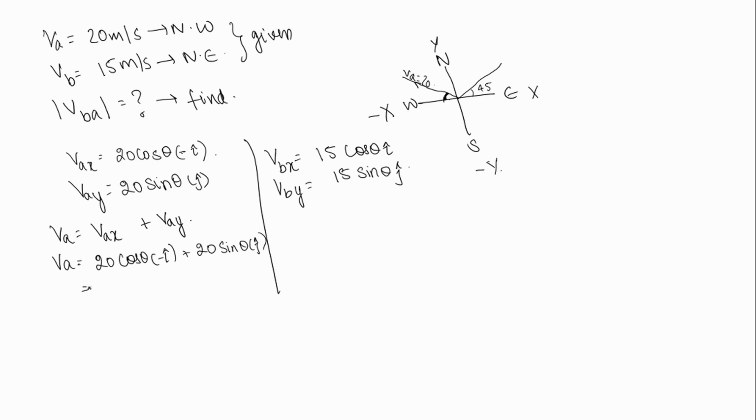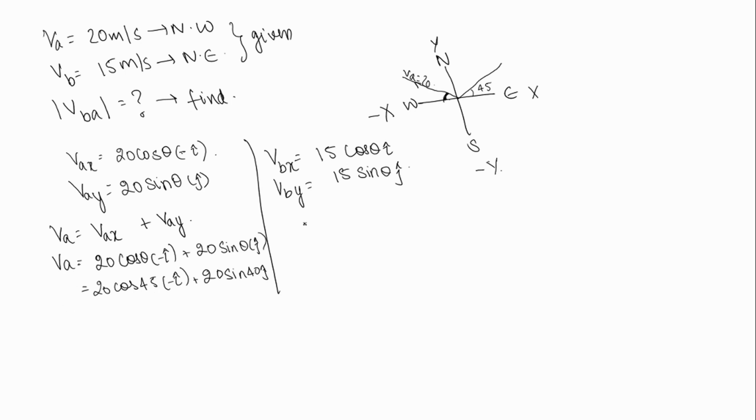With theta 45 degrees, that is 20 cos 45 in the minus x-axis plus 20 sin 45 in the positive y-axis, that is j cap.